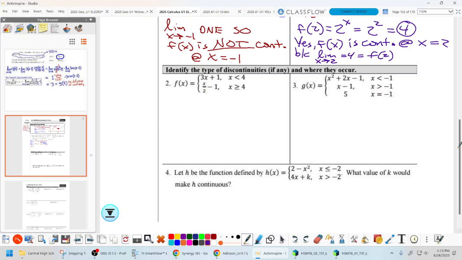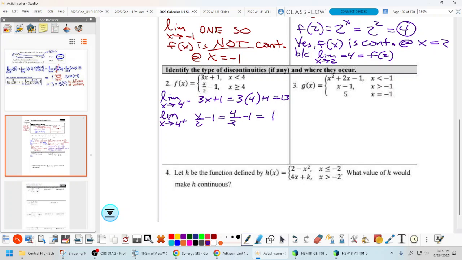So let's check the limit, the left and right limits. So 4 from the left. And then 4 from the right. Okay, so what kind of discontinuity does that look like?